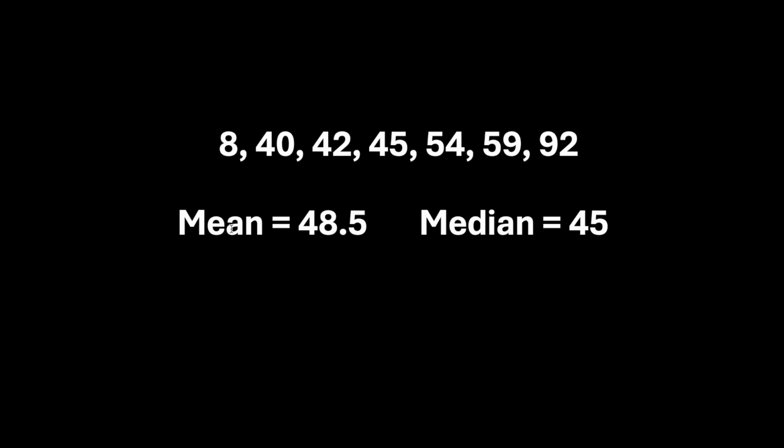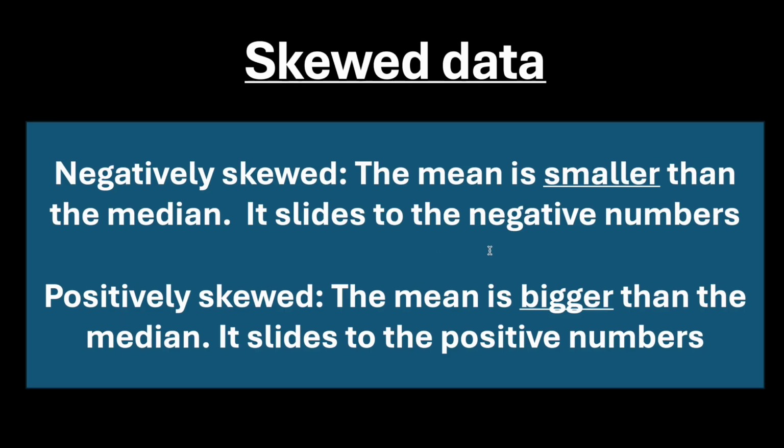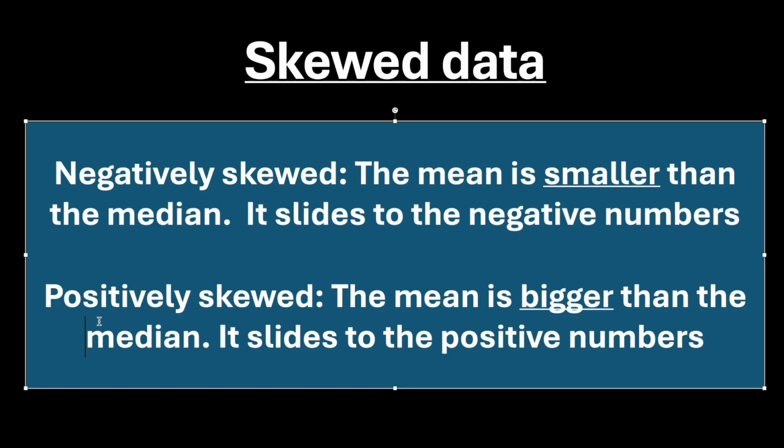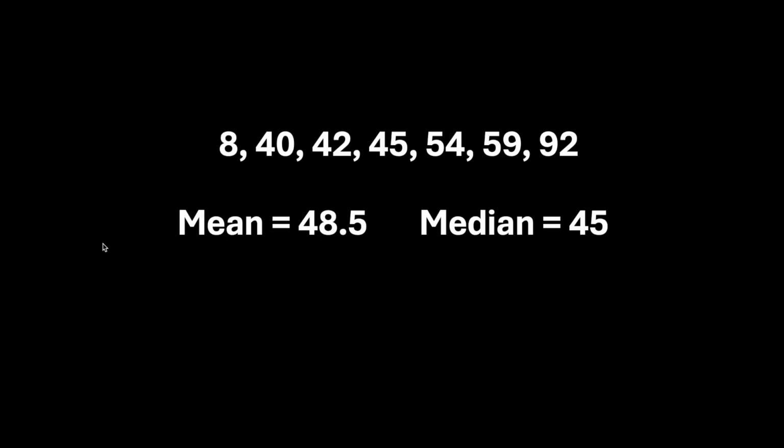If you look here, the mean is 48.5, the median is 45, which means the mean is a bigger number. Back to our definition, if the mean is a bigger number, then it is positively skewed. So this data set here is positively skewed because our mean is bigger than our median.